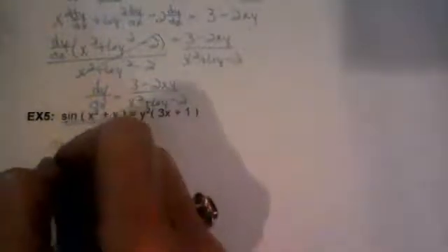Alright, so our next example has some trig in it, but still doing the same thing. So here we're going to have a chain rule. The derivative of the outside, we have cosine, inside stays the same, times the derivative of the inside. So the derivative of x squared would be 2x, plus the derivative of y is dy dx, equals, and then on the right hand side we've got a product.